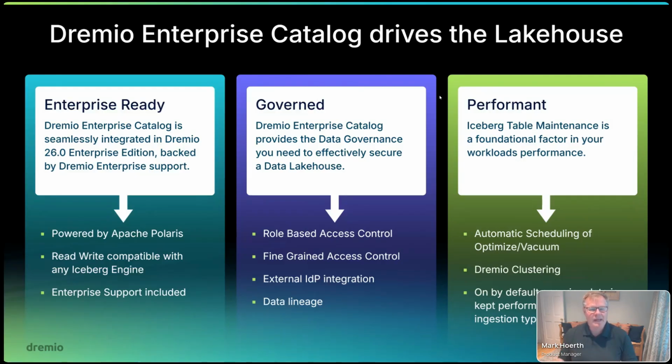We've added metadata caching so that the metadata is always available in the catalog and it can cut down on the time for retrieval. So many different functions here that have been achieved in order to make the catalog ready for your most complicated queries.